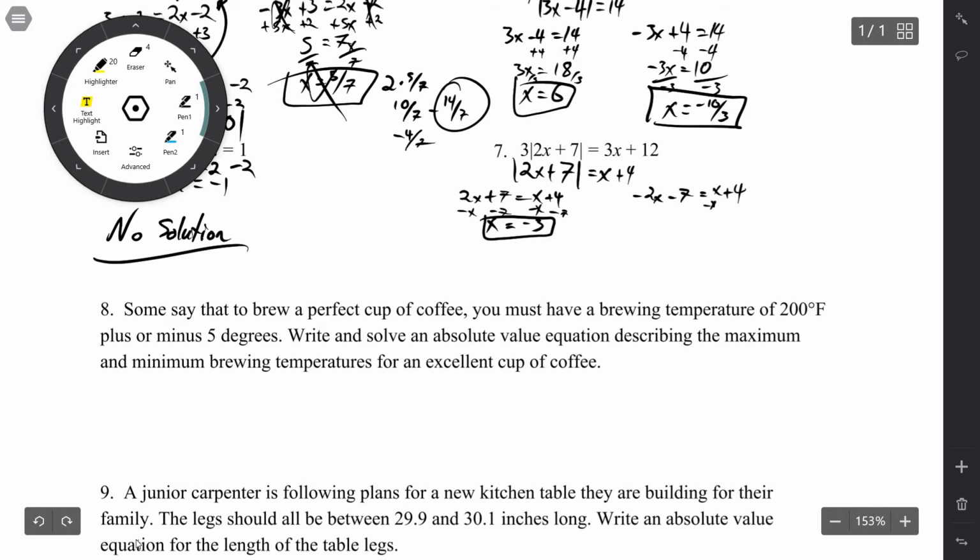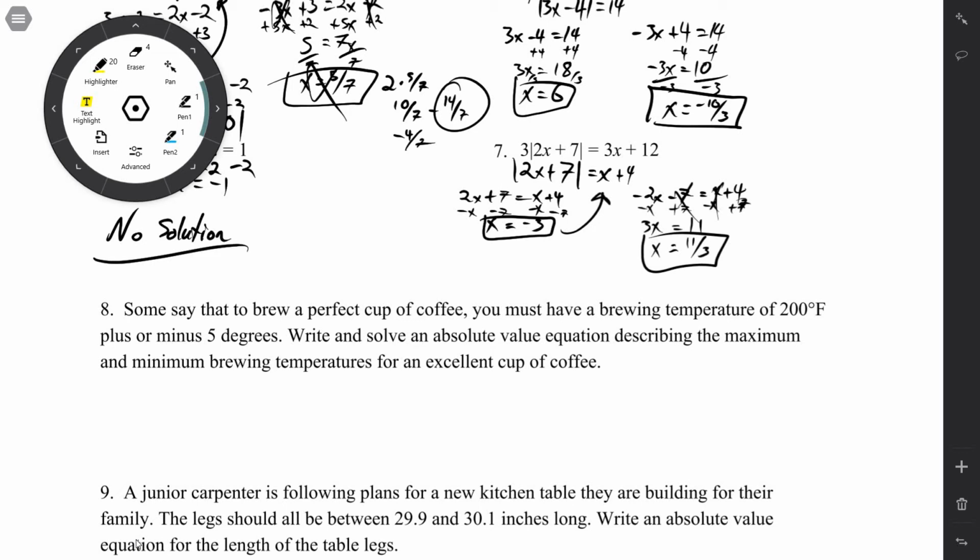We'll subtract x from this side and add 7 to each side, so we'll have 3x equals, those cancel out, 4 plus 7 is 11. And that would give us x equals 11 over 3. Okay, perfect. Let's see. If we plug in the negative 3 here, we'd be positive, just barely. Negative 3 plus 4 would give us 1, so this one checks out.